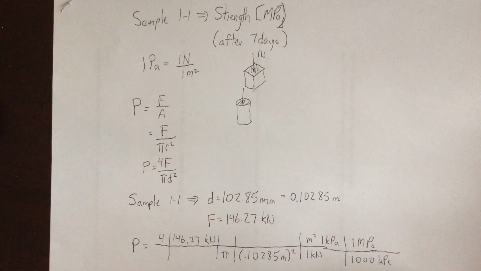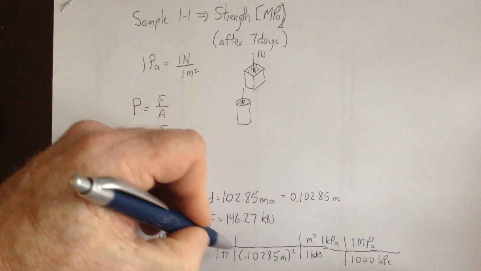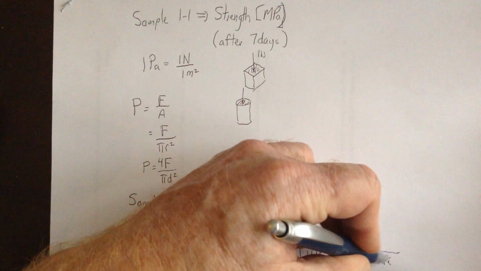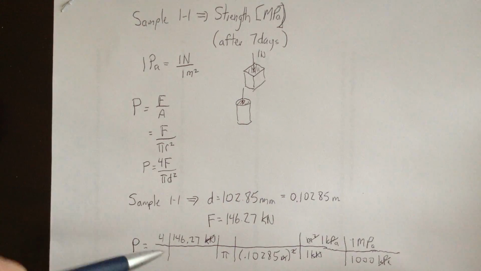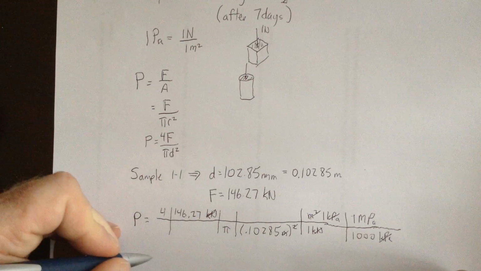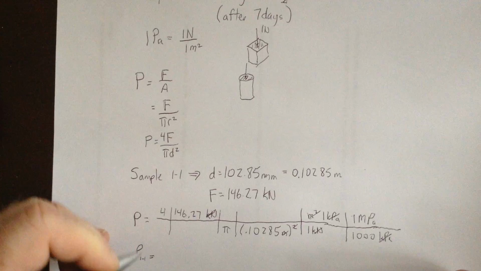And now, if I look at all my units, my kilonewtons cancel out, my meters squared cancel out, and my kilopascals cancel out, and I'm left with just megapascals. So in order to get my answer, I just multiply all my tops, divide all my bottoms on my calculator, and I end up with the strength of sample 1-1.